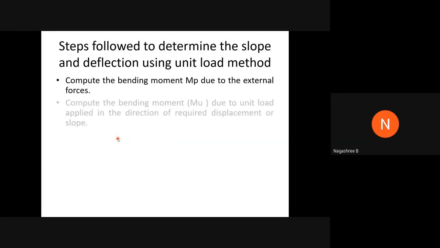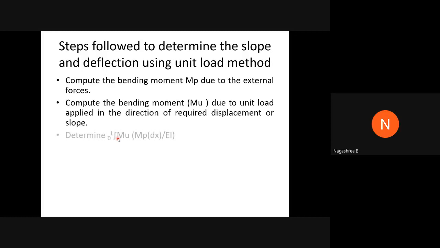So if we want to find out the displacement at the midpoint, we are supposed to add the unit load exactly at the point where we are required to find the displacement and the slope, and then for that unit load we are supposed to calculate the amount of slope and deflection. The next thing is that we are supposed to find the integral of mu multiplied by d theta.